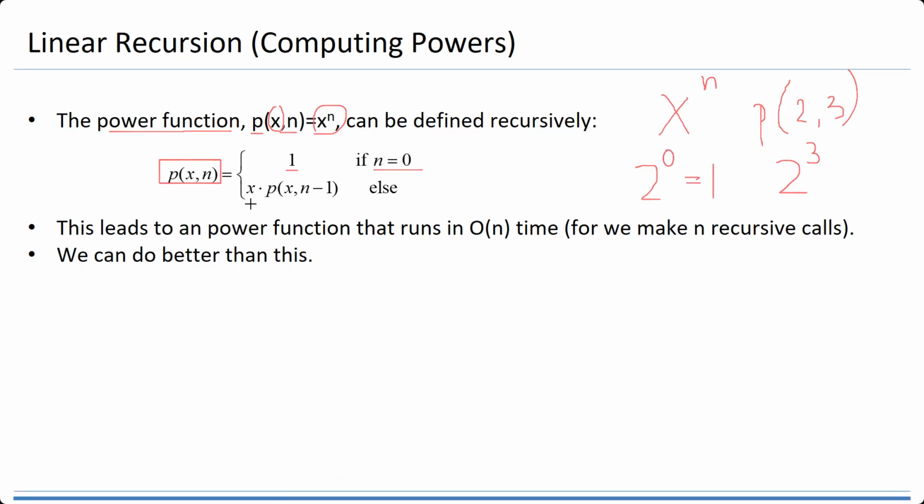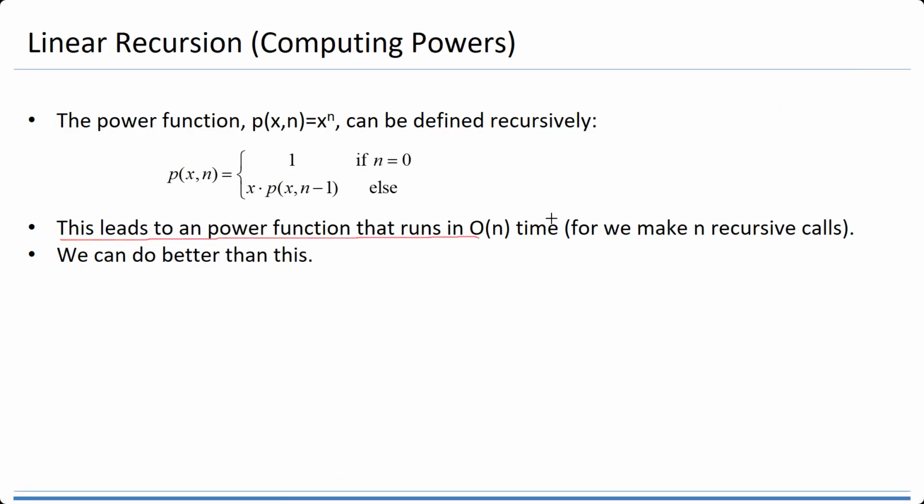Okay. If not, then we will do the multiplication. X, this is the base, multiplied by p, which is the power function, with the base x comma n minus 1. If you look at this function, this leads to a power function that runs in O(n) time.